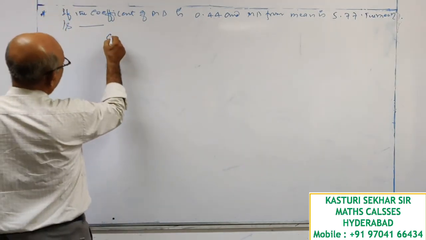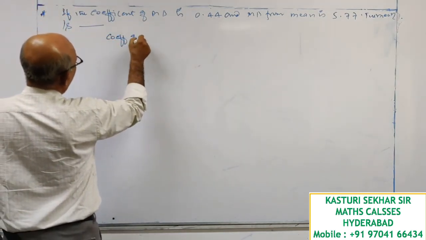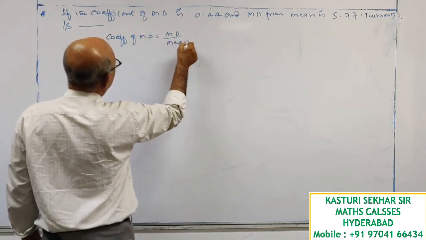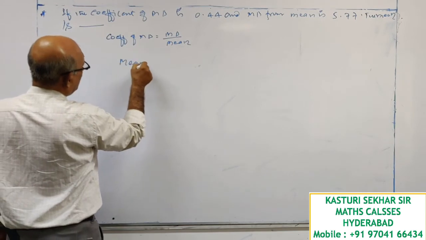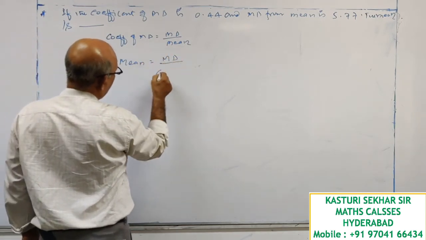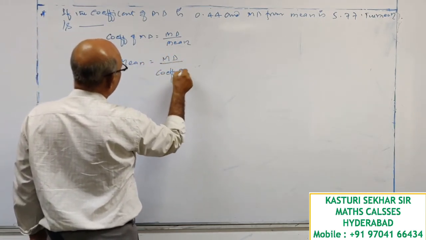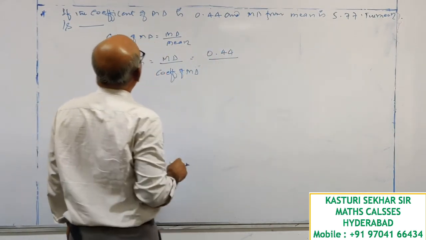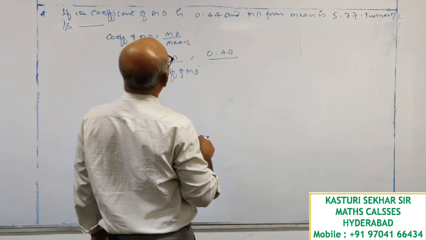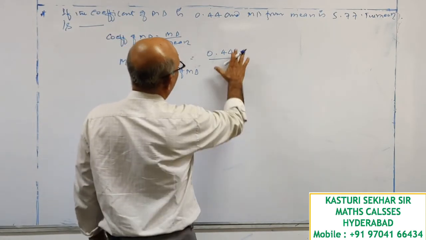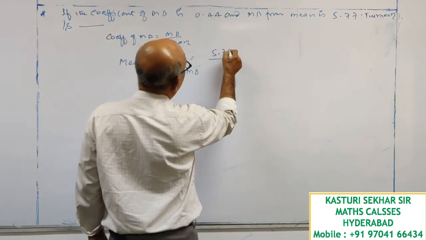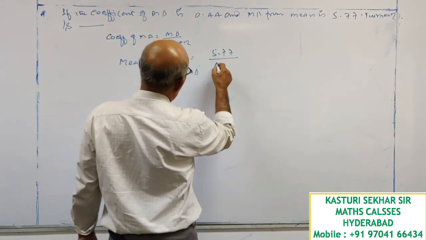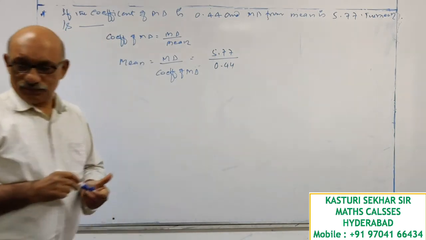Now sir, coefficient of MD is equal to MD divided by mean. So mean is equal to MD divided by coefficient of MD. MD is 5.77, divided by 0.44.